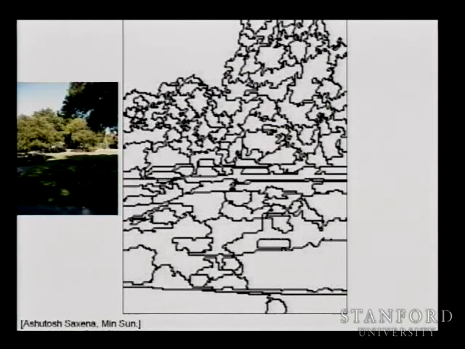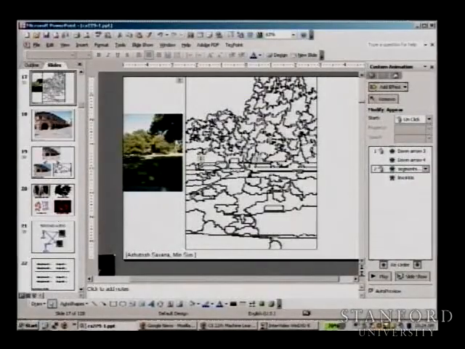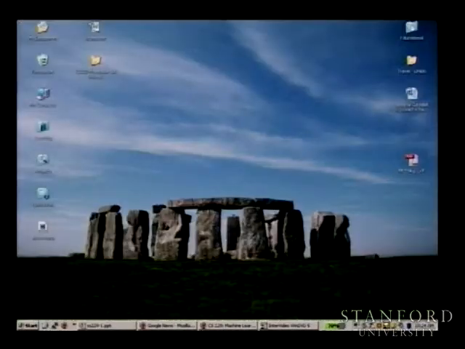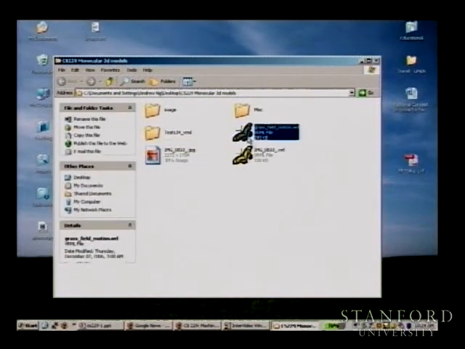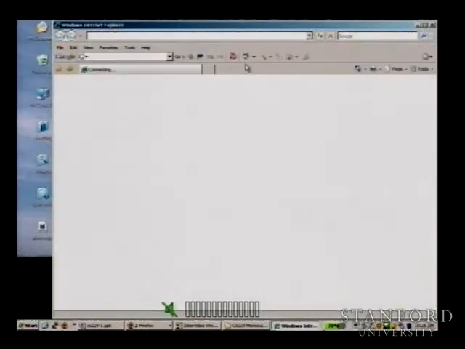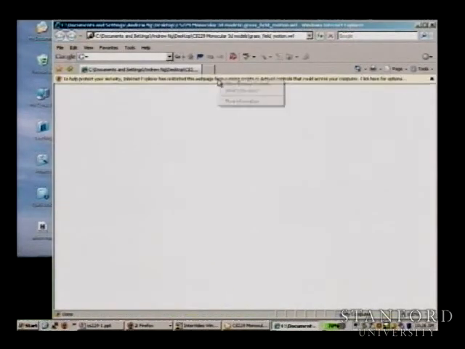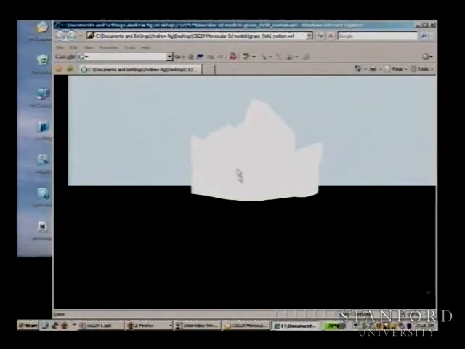And what Ashutosh and Min did was they then applied the learning algorithm to say, can we take this clustering and use it to build a 3D model of the world? And so, using the clustering, they then had a learning algorithm try to learn what the 3D structure of the world looks like, so that they could come up with a 3D model that you can sort of fly through.